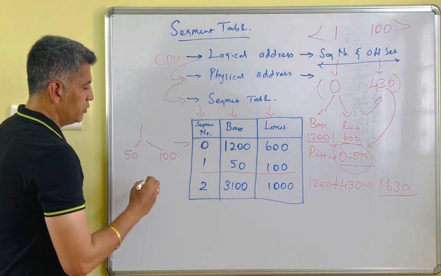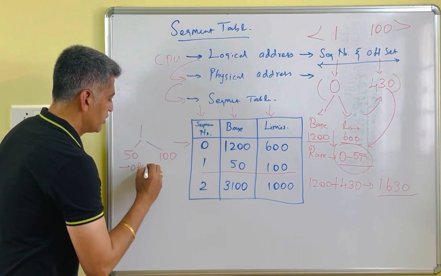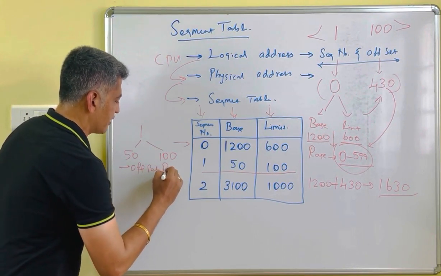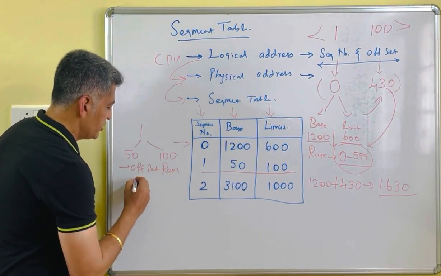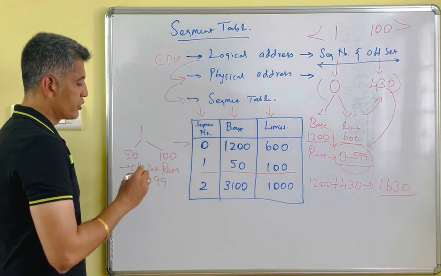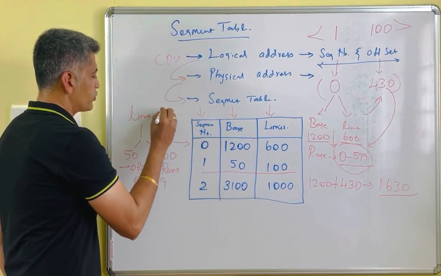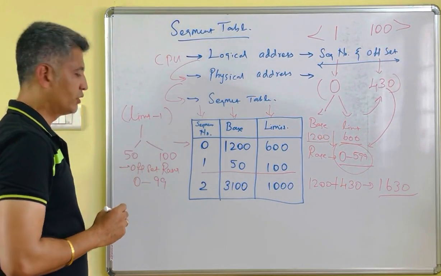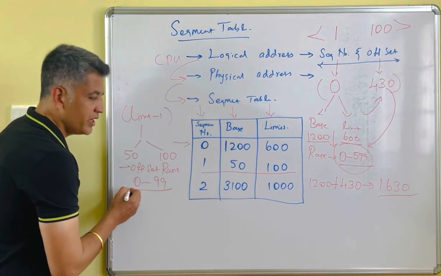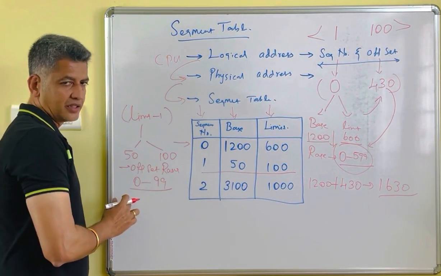So the offset range must be 0 to 99. How is the offset range calculated? Limit minus 1 is the formula for the offset range. The offset will be accepted only within 0 to 99.